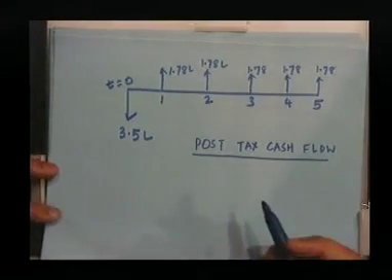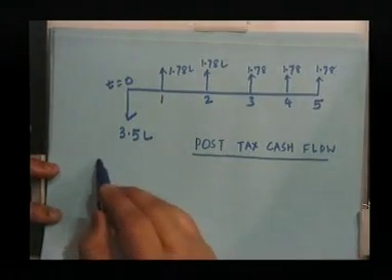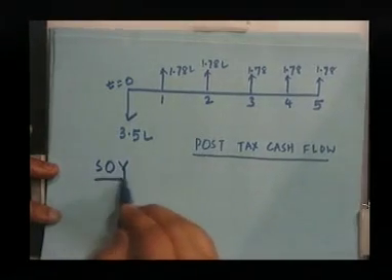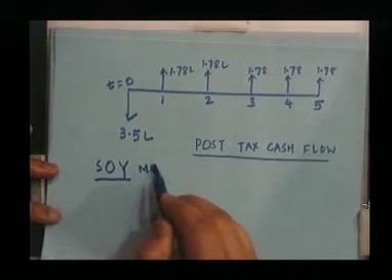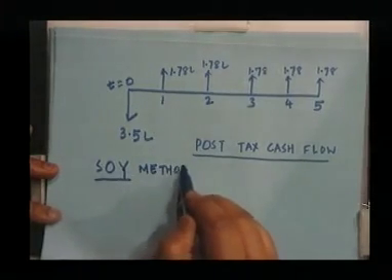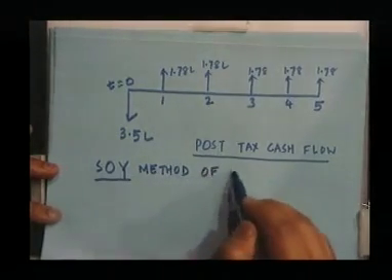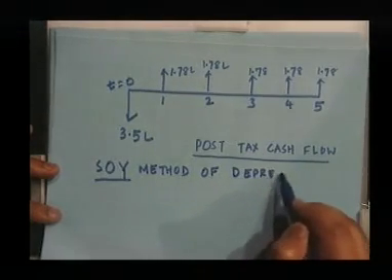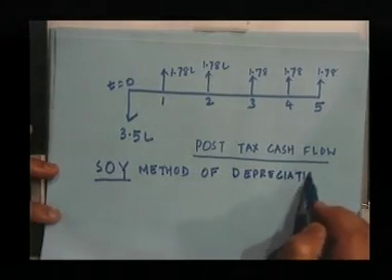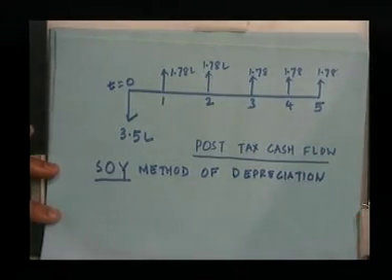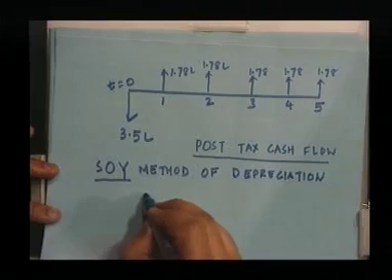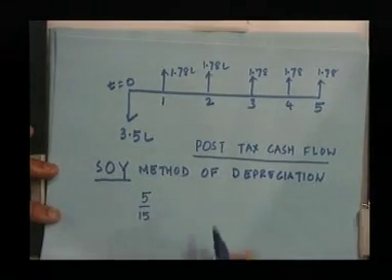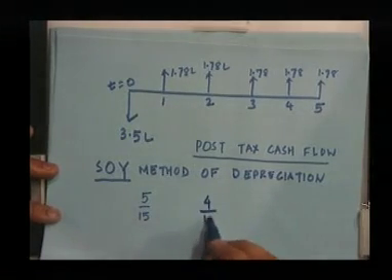For this, I call it, let us say, the SOY method, the sum of years method of depreciation. In the first year, how much would be the rate of depreciation? It would be 5 upon 15. Second year, it would be 4 upon 15.